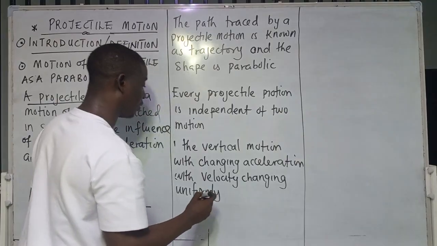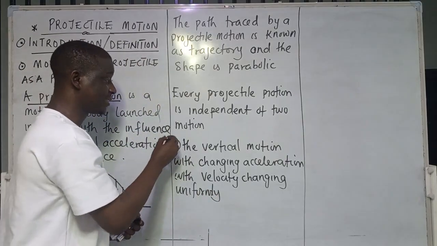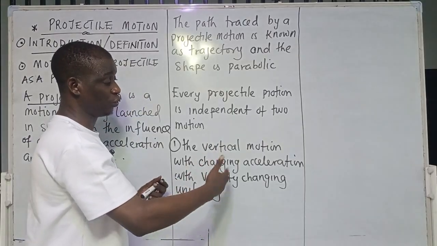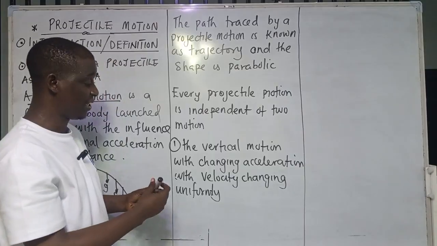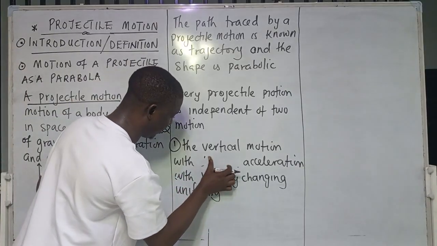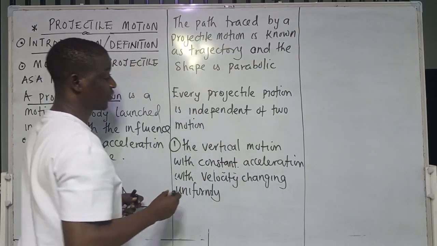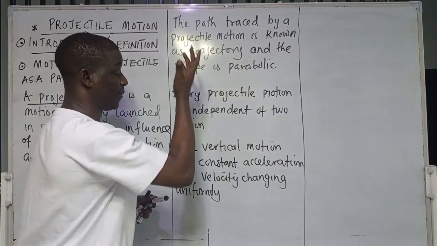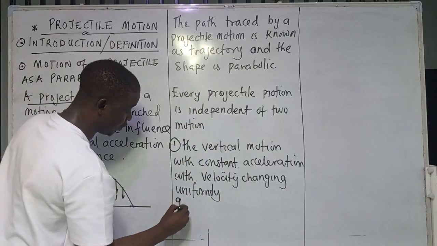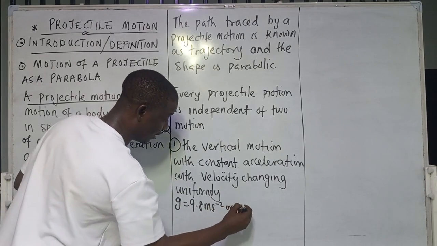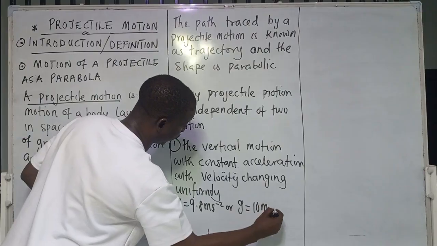So that means we have, number one, the vertical motion, with acceleration that is constant, sorry, it's not changing. The constant acceleration for vertical motion is g equal to 9.8 meters per second squared, or g equal to 10 meters per second squared.